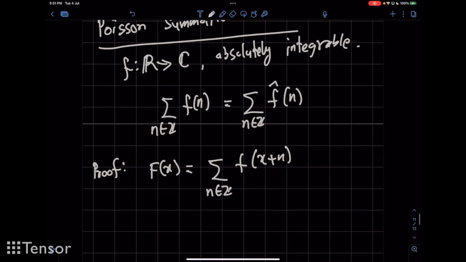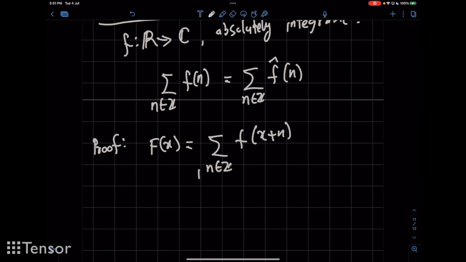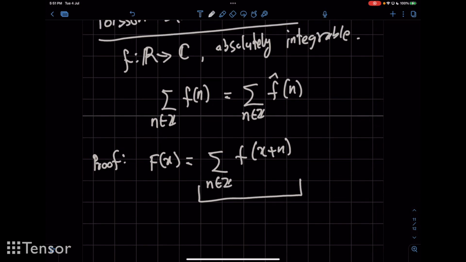Okay, can someone tell me why this sum converges absolutely? If it's periodic... Which f? Small f or capital F? Small f is not periodic. Small f is just an absolutely integrable function.